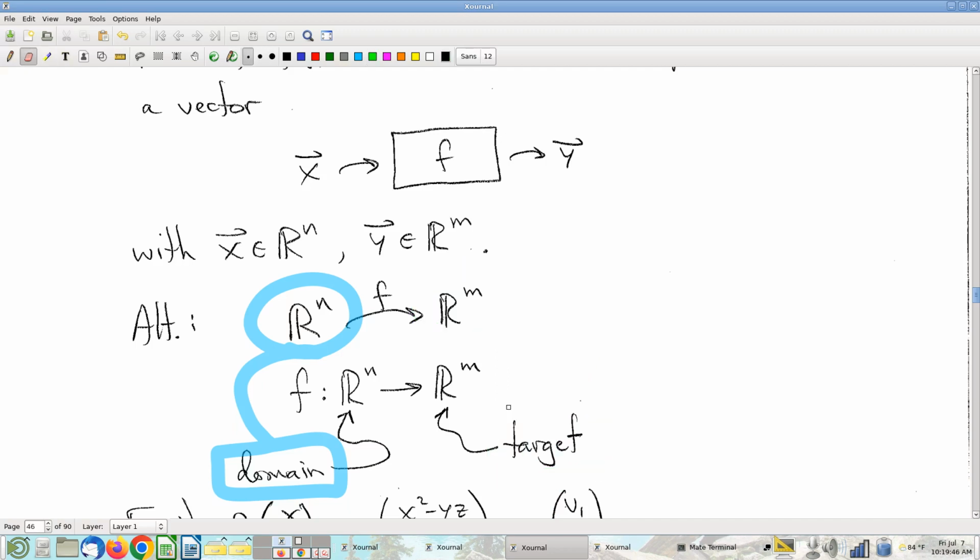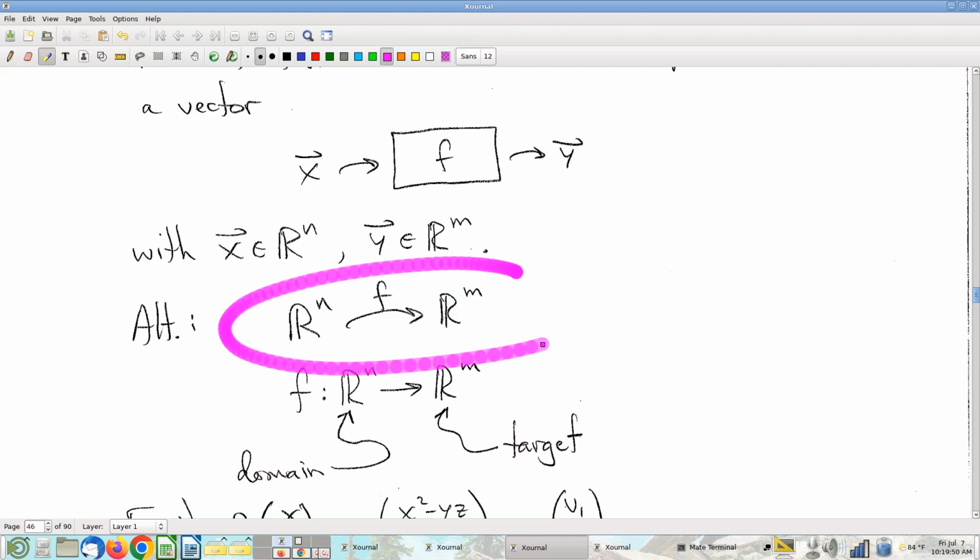Okay. Now, another little bit of notation that's important to understand. You can think of a function like this. Again, you notice I'm drawing it with an arrow representing this action of taking something out of Rn and then putting the result into Rm. This is kind of a descriptive diagram for what the function's doing.